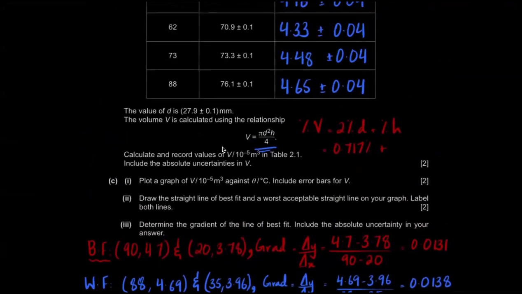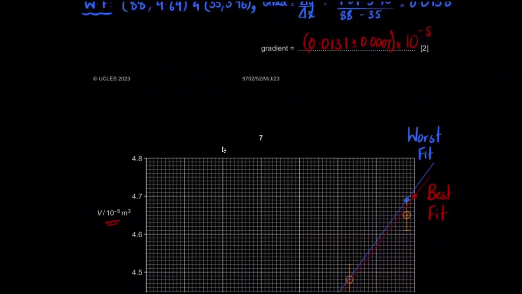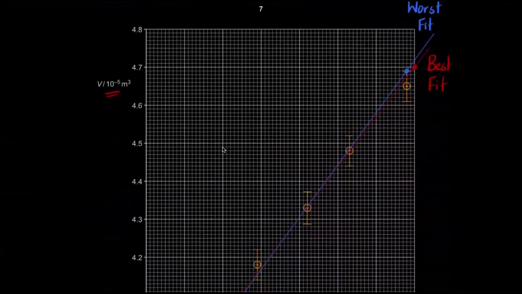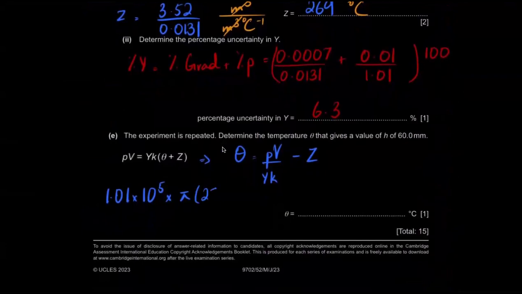Again, let's keep everything in SI units. Let's convert all the prefixes and then let's see what happens. So pi d squared, so 27.9 into 10 to the negative 3 squared. H is 60 mm, so pi d square H, and this is also over 4, right? This is just the numerator, by the way.